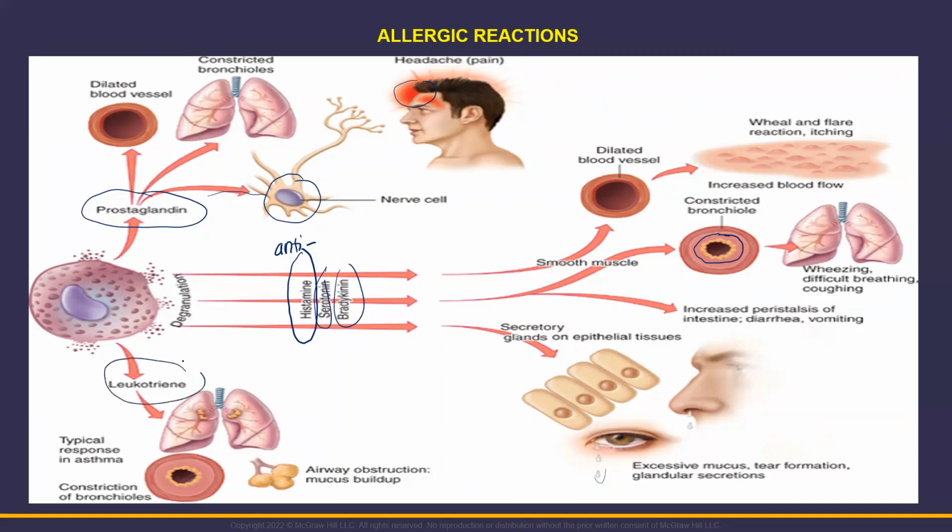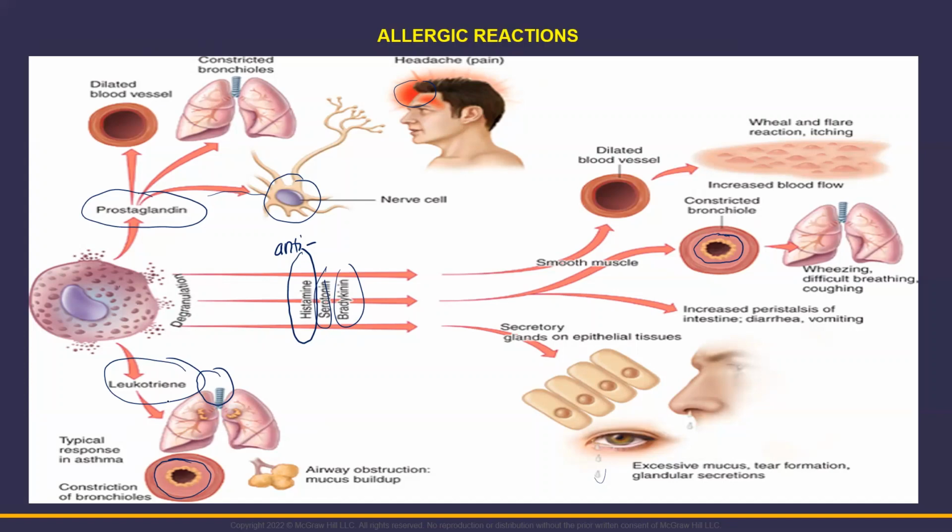Leukotriene is especially for people who have asthma. If they have allergy and they have asthma, they will produce leukotriene, and this leukotriene is a really potent chemical or mediator that will constrict the respiratory tract, the bronchus, trachea, and bronchioles, causing these people to have very difficult breathing.